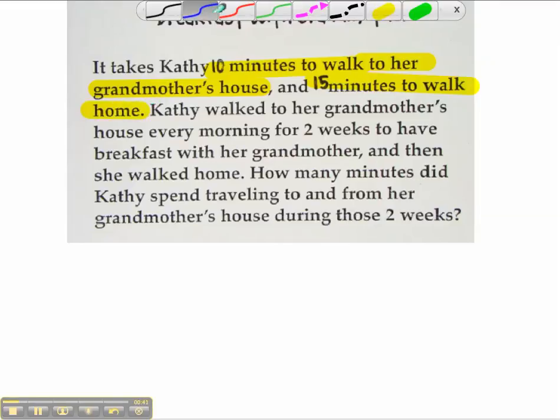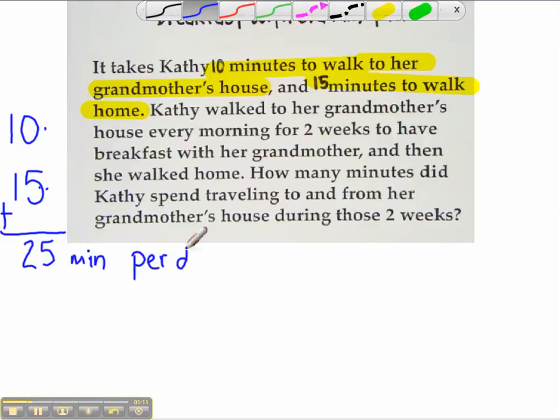So in one day, if we add that up, 10 minutes there, 15 minutes back, 0 plus 5 is 5, and 1 plus 1 is 2. So 25 minutes, right? So you figured out per day of travel.